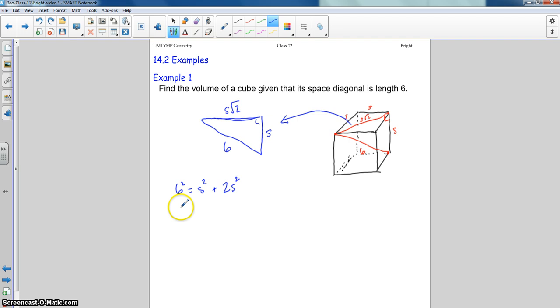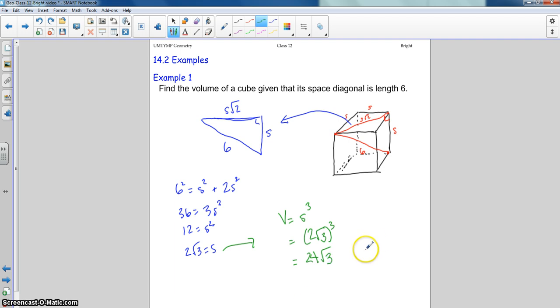And so then 36 is equal to 3S squared, so 12 is equal to S squared, and then 2 square root 3 is going to equal S. Then from there, the volume for a cube is side cubed, so this is going to be 2 radical 3 cubed, and when you do this, I got 24 radical 3.